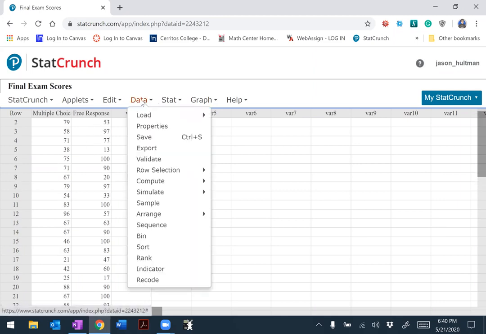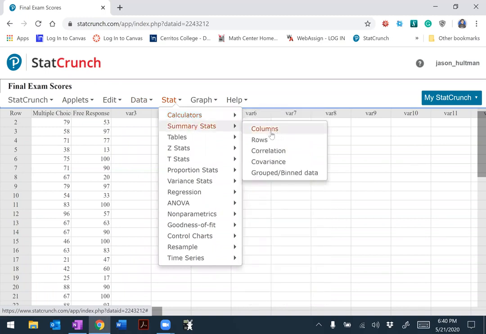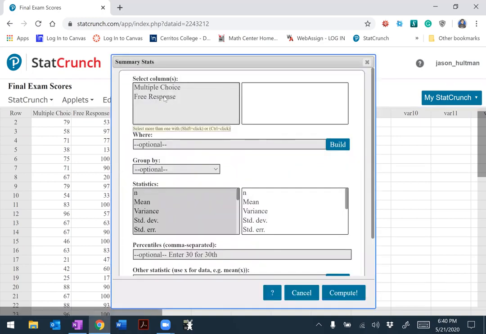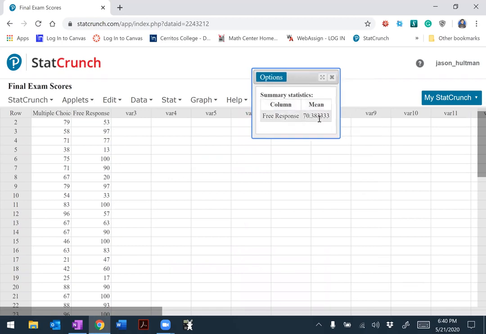How would I average up these values? I would go to my calculator and do summary stats on my column. I would want the mean for the free response, because those are my y values. I compute that, and the mean there is 70.4.